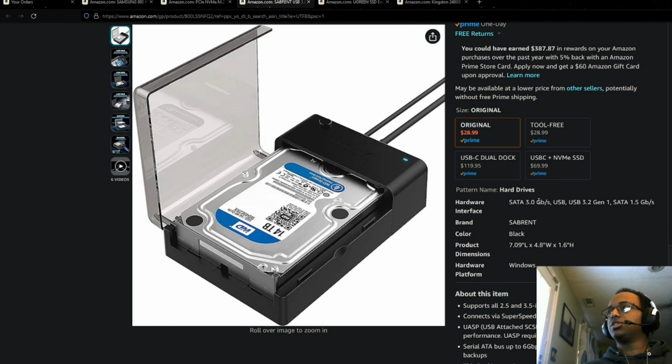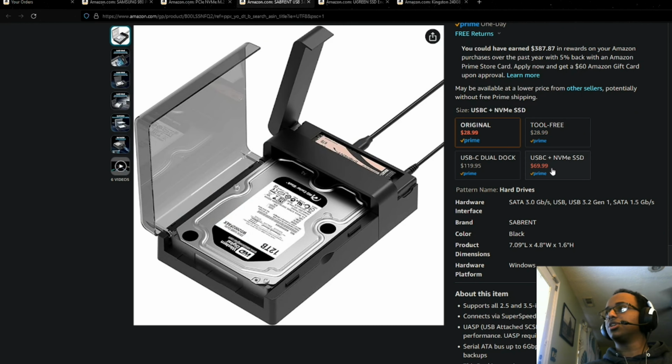I don't know if it's showing up on the screen here. So it says, do you want the original one, or do you want the one that is USB-C to NVMe and SSD? Right now, that's an extra like $40 just so you can read M.2 SSDs, right? This M.2 SSD will plug into that adapter and read SATA hard drives, SATA SSDs, and M.2 SSDs, right?